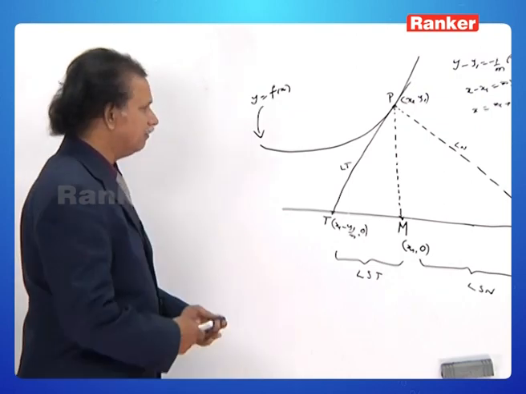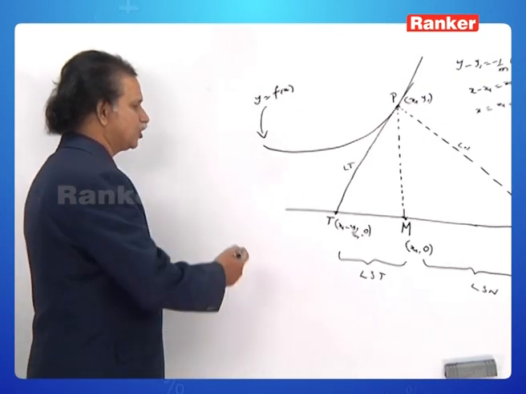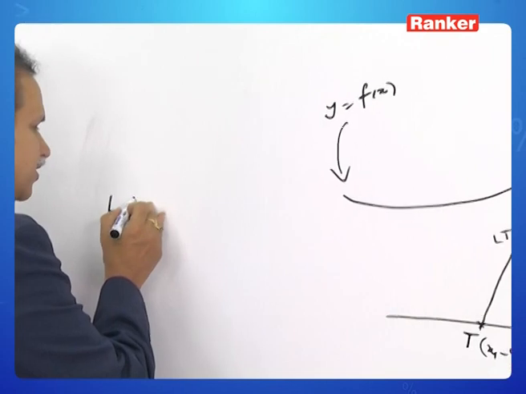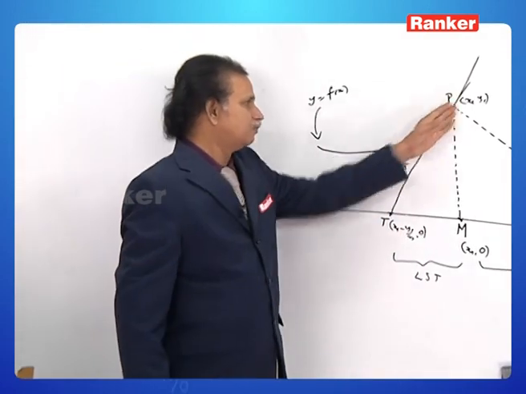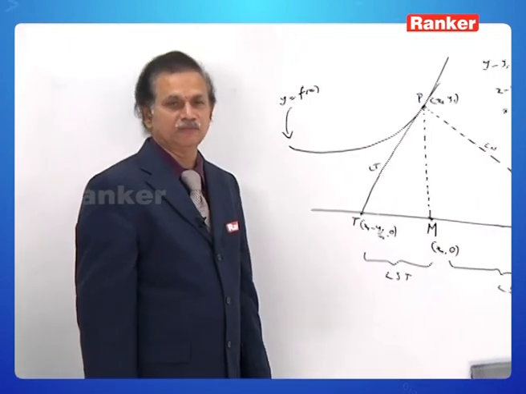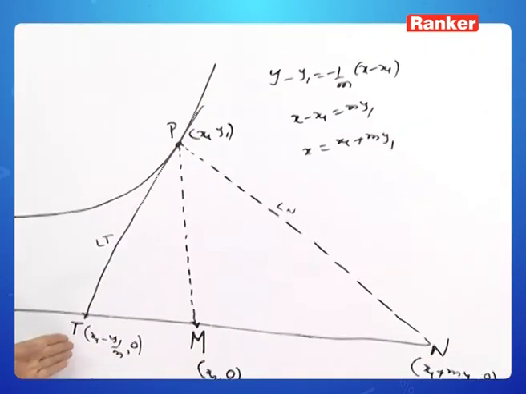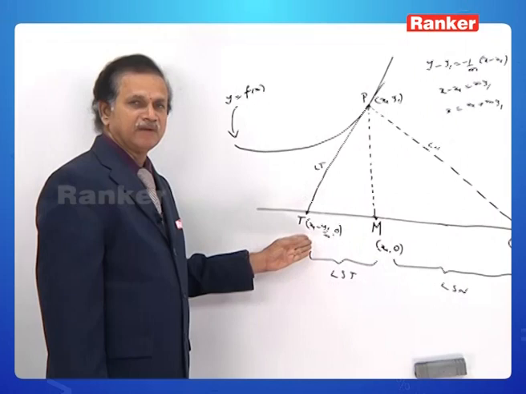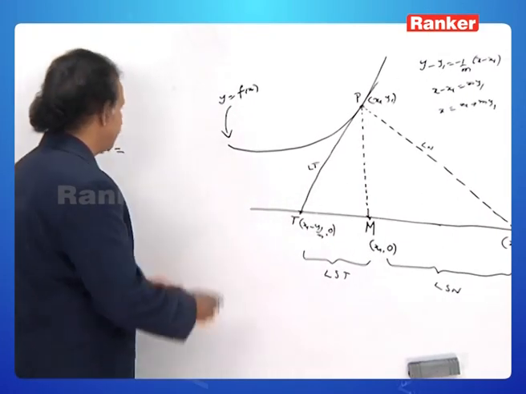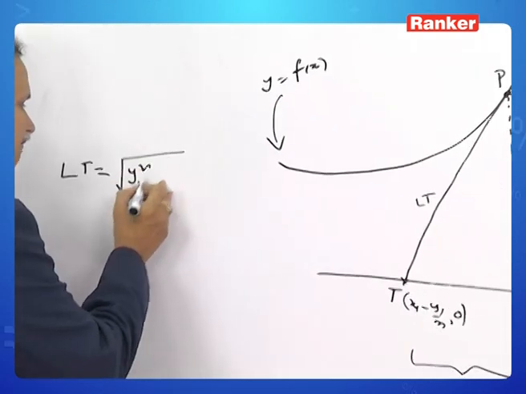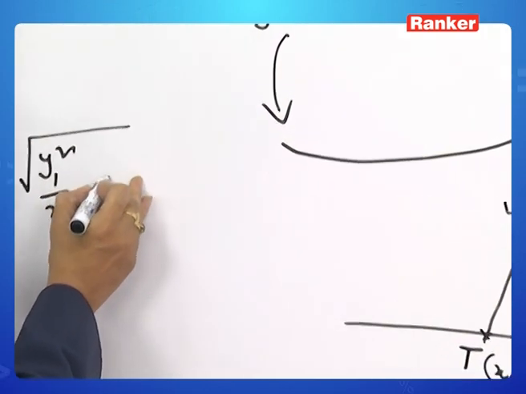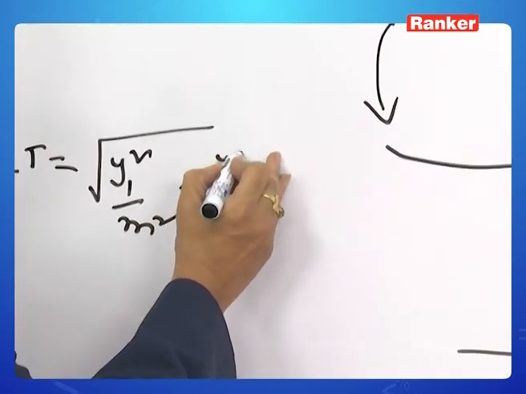Now, my purpose is to know the length of the tangent, which is the distance between these points. x1 minus of this, y1 by m, whole square, that is y1 square by m square plus y1 square.